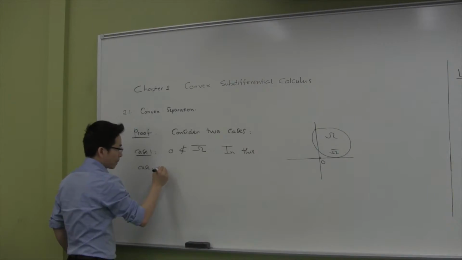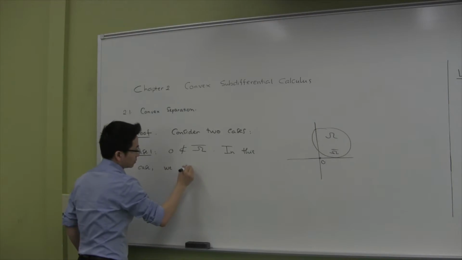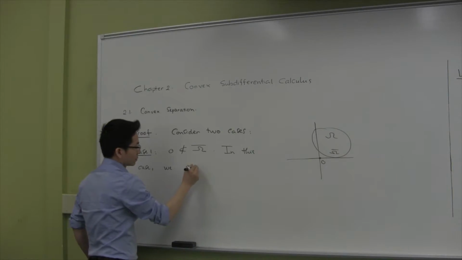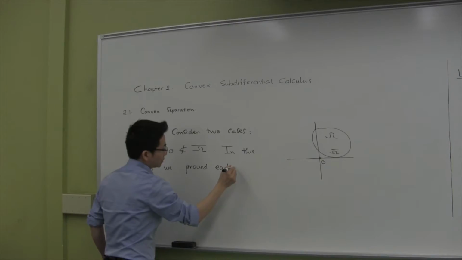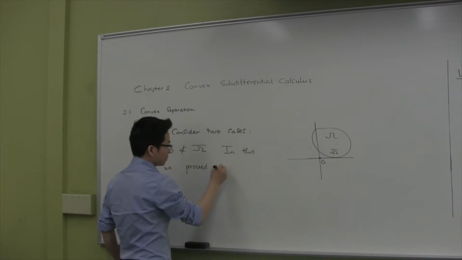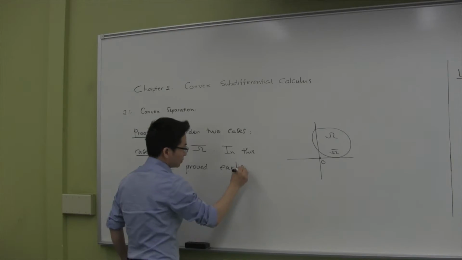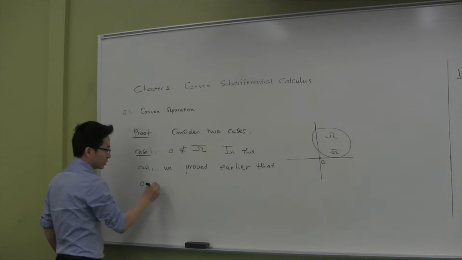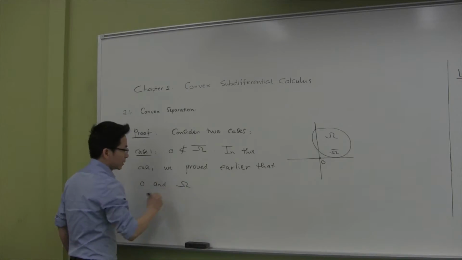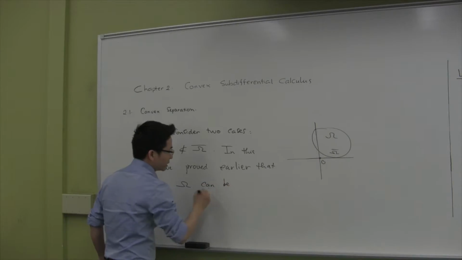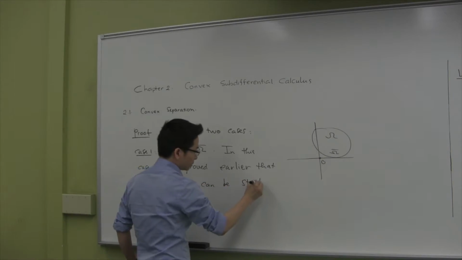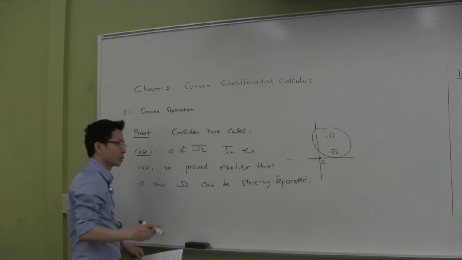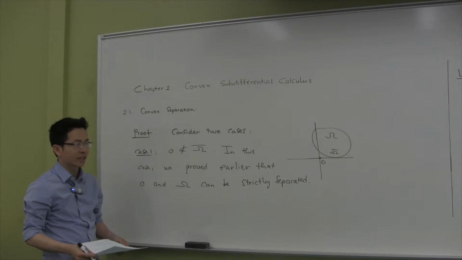we proved earlier that 0 and omega can be strictly separated. Okay, so this was proved in the first lecture on a separation theorem.